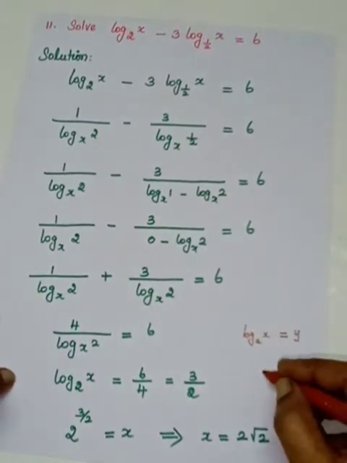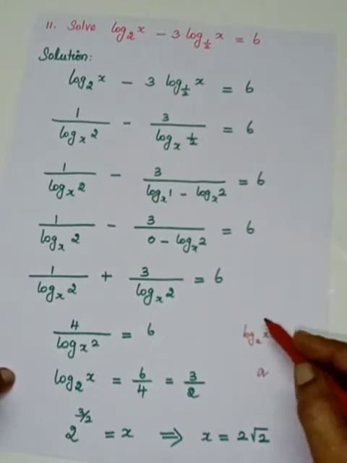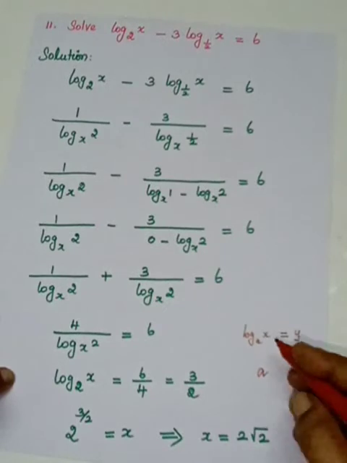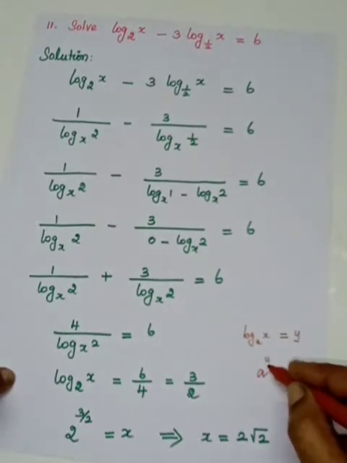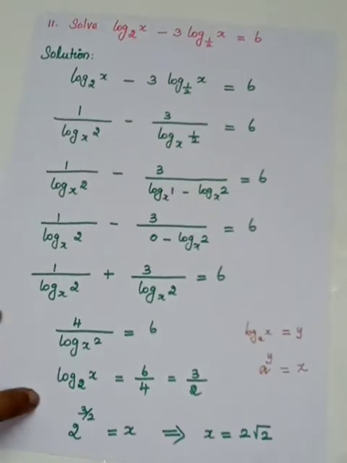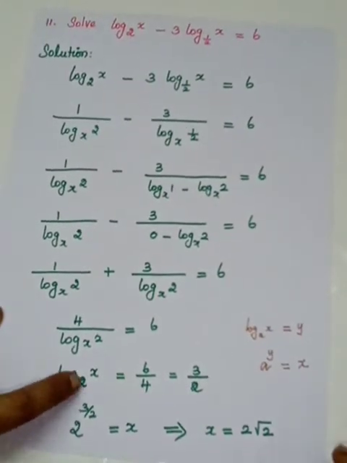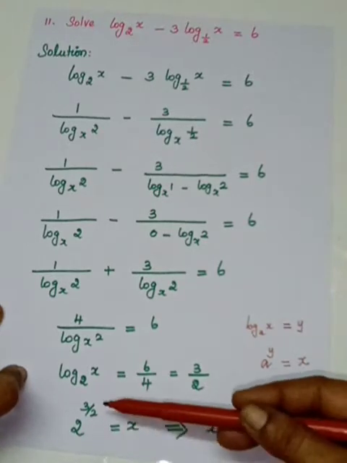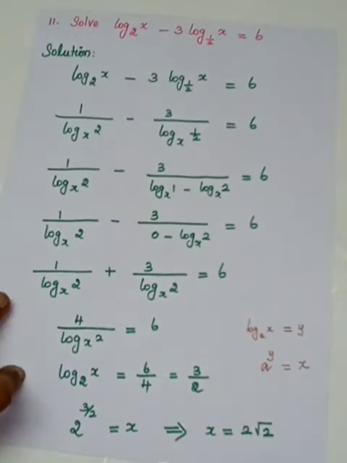First you have to write the base, and the logarithmic function is used to find the exponent. Therefore a to the power y is equal to x. In the same way, here I have written the base is 2 and the exponent is 3 by 2. So 2 power 3 by 2 is equal to x. So that is the definition of the exponential and the logarithmic function.